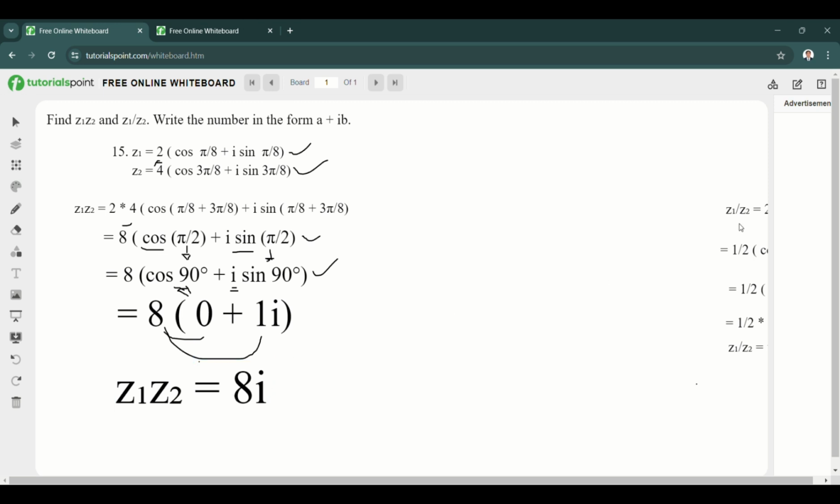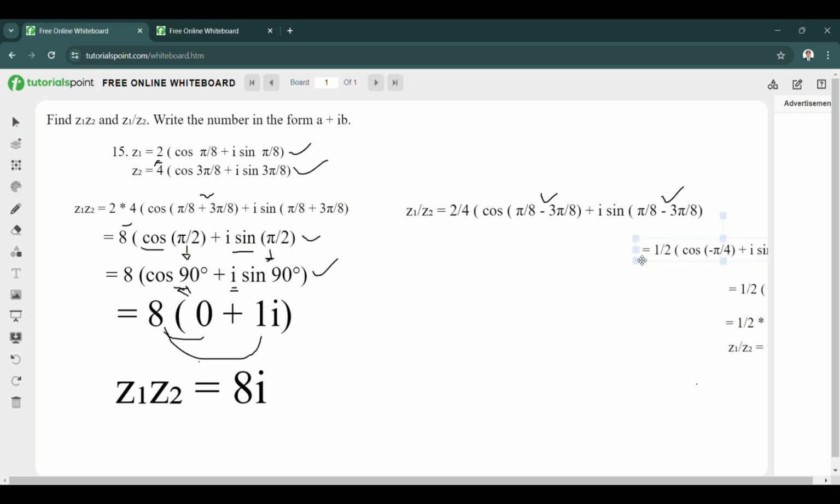So next, for the quotient, we have these values. So we need to divide 2 by 4. Then in the product, we add those values of cosine and sine, while in the quotient, we will subtract.